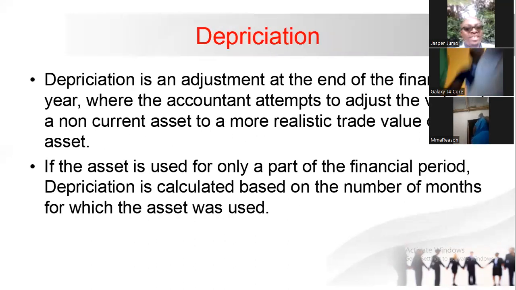Depreciation is an adjustment which happens at the end of the financial year. If your financial year starts on 1 January, on the 31st of December you are bound to calculate depreciation. Remember, the duty of the accounting function of a business is to provide a true and fair view of the business at the reporting period.